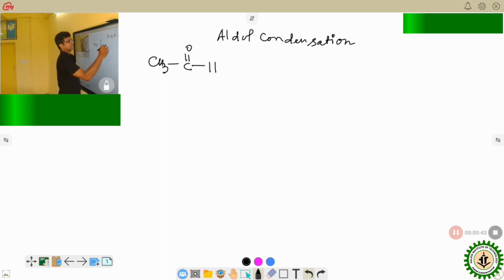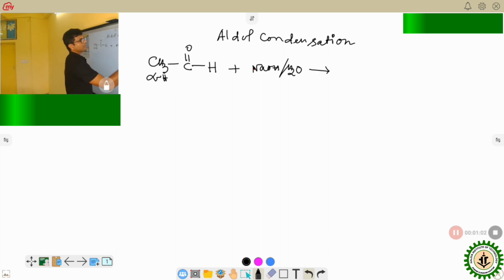As for example, this is an aldehyde containing alpha hydrogen, plus dilute NaOH, to form alcohol.